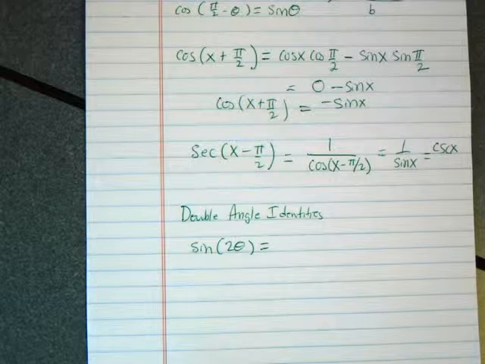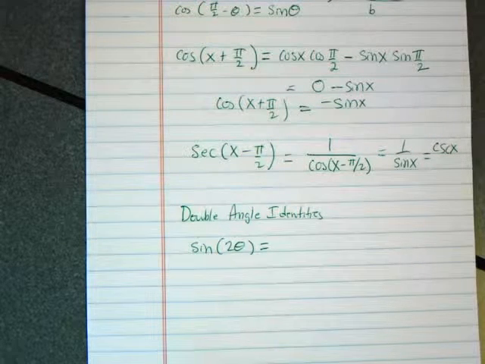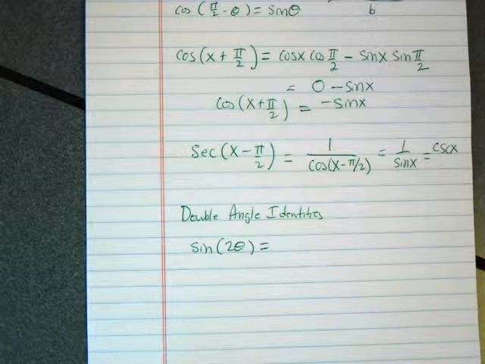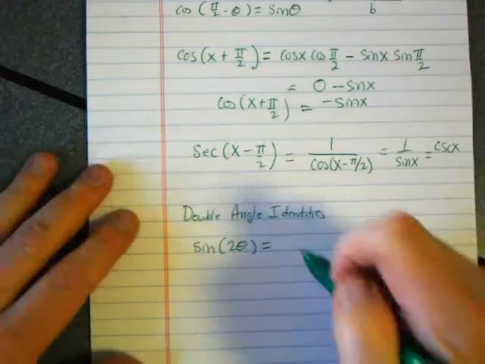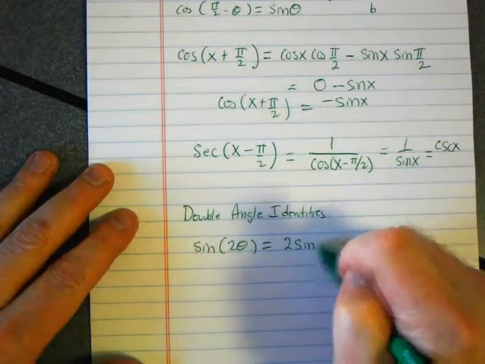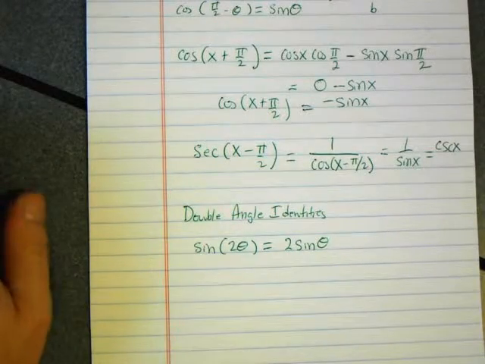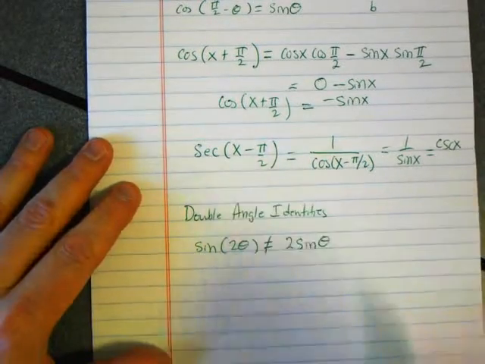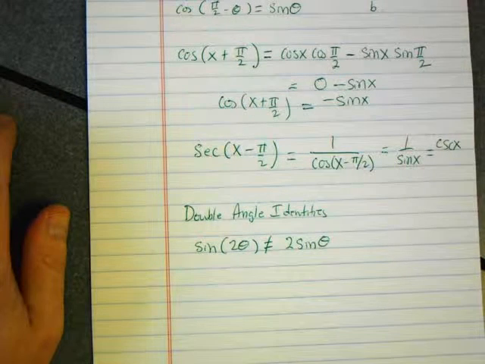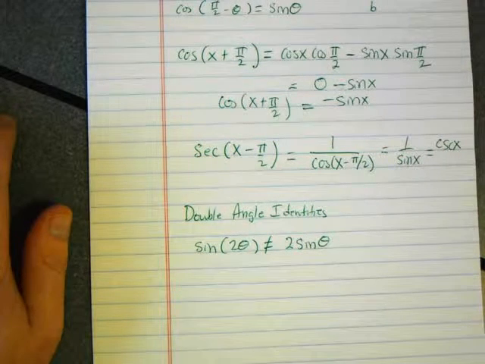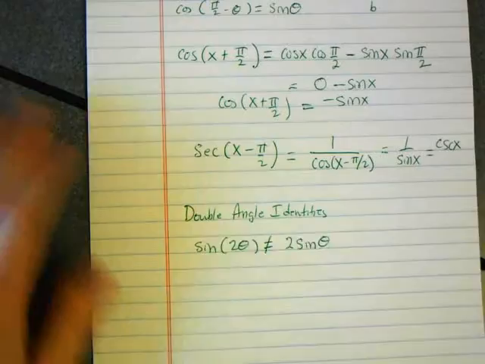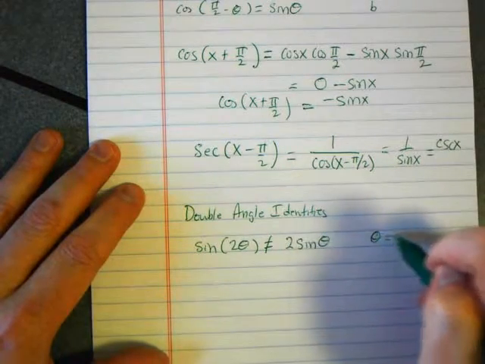Unfortunately, just as we saw with most of our other things, I can't just take that 2 and bring it out front, I don't think. Well, let's just check to make sure that those are not the same. Give me your favorite angle for theta. 30 degrees. So theta equals 30 degrees.